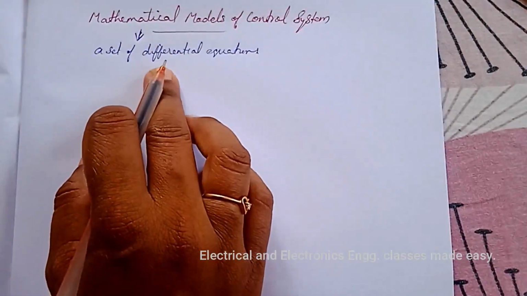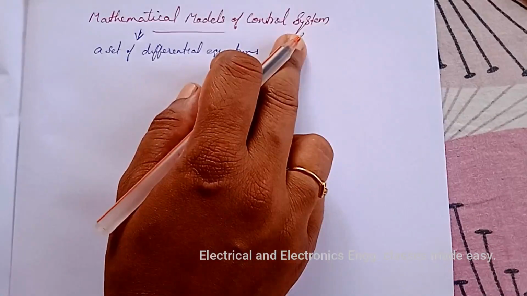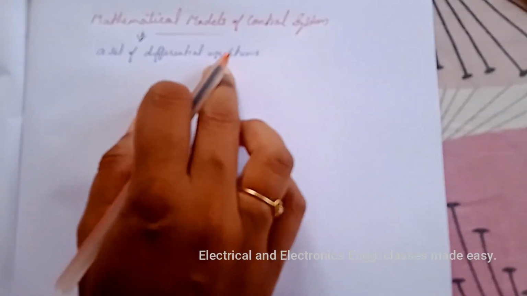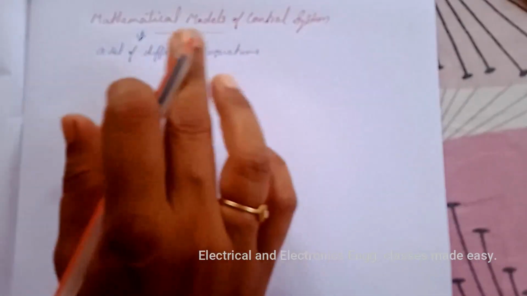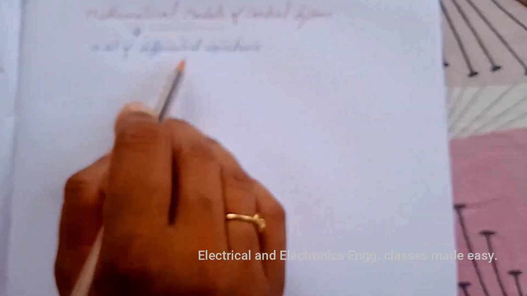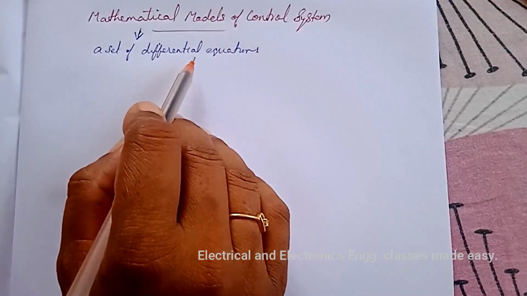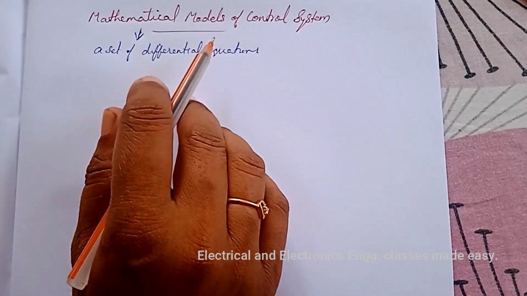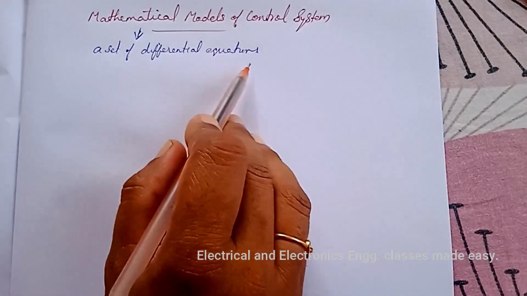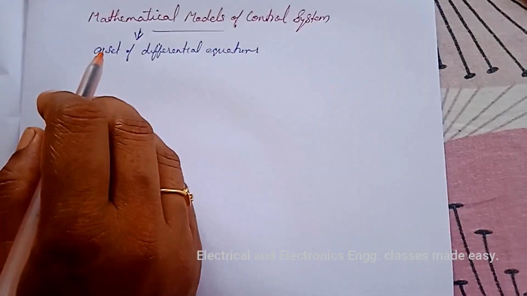So, the mathematical model of a control system constitutes a set of differential equations. The response or output of the system can be studied by solving the differential equations for various input conditions. So, by using the equations, we can find the behavior of a system.